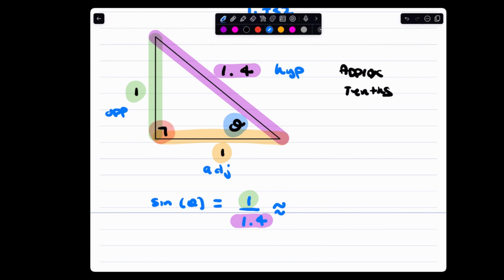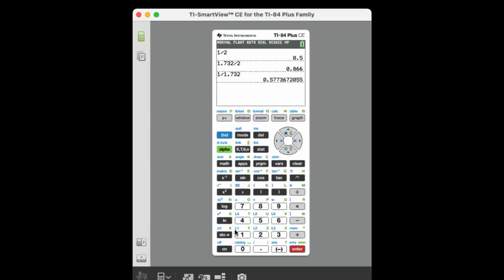What's 1 divided by 1.4? What do you guys get? 0.71. Is that true?